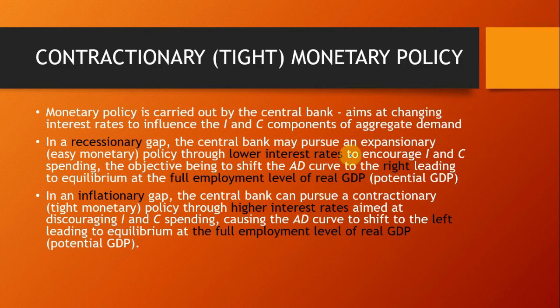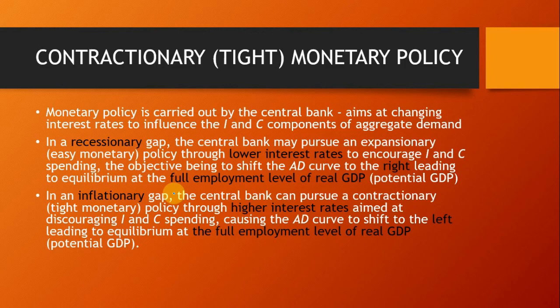This type of action is carried out to encourage consumer spending and investment spending, with the objective of shifting the aggregate demand curve to the right, which will lead to equilibrium at the full employment level of real GDP.